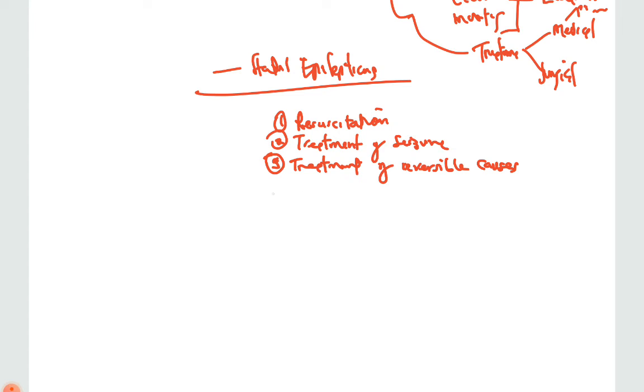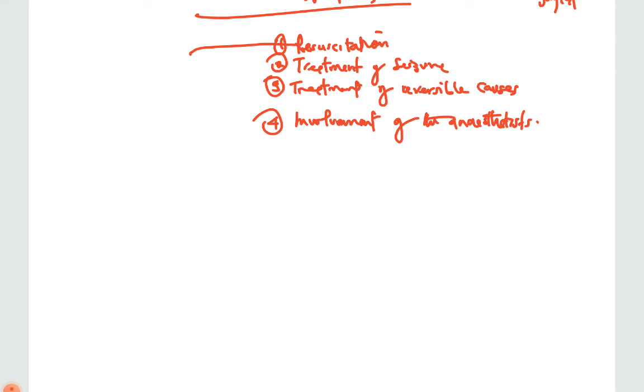And number 4 is the involvement of the anesthetist. Now, we look at the first one, which is resuscitation. When the patient presents in A&E, you want to ensure that the patient is breathing spontaneously.